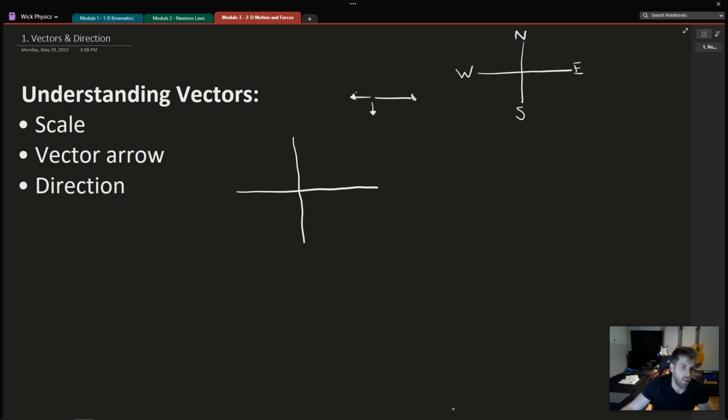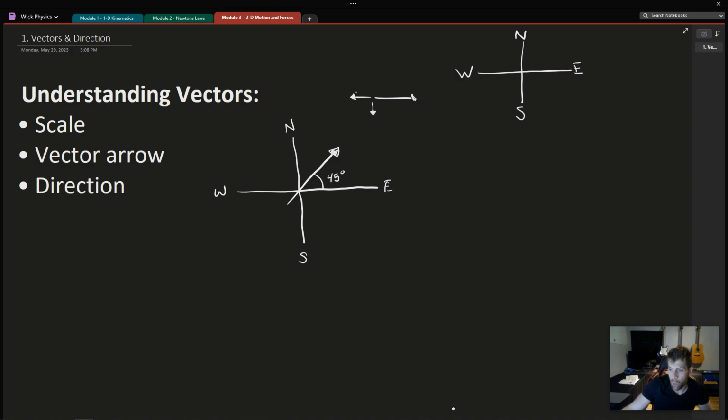Okay. And the arrow could be, let's say, going like this. And this angle, there could be an angle here. Okay. And this would be approximately 45 degrees. And if this were a compass, north, east, south, west, well, this would be going 45 degrees north of east. Okay.